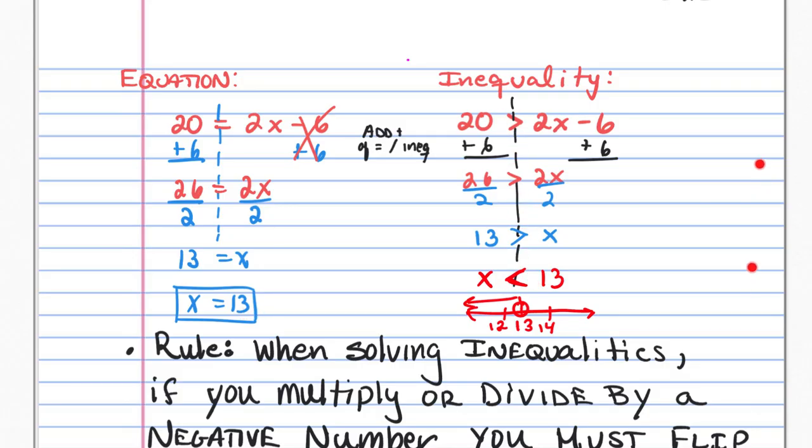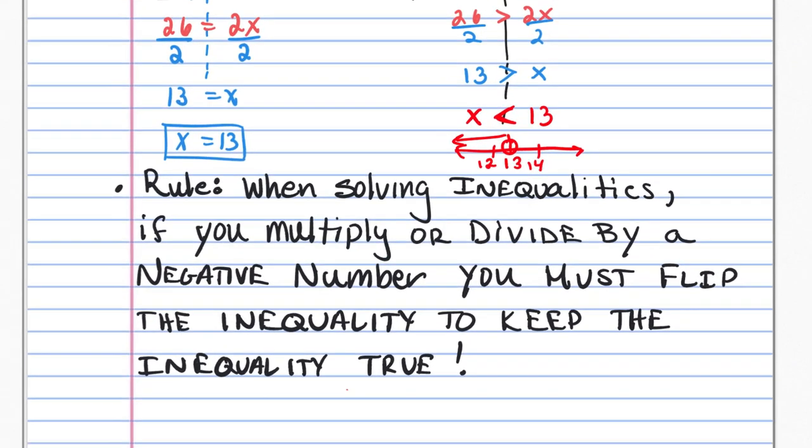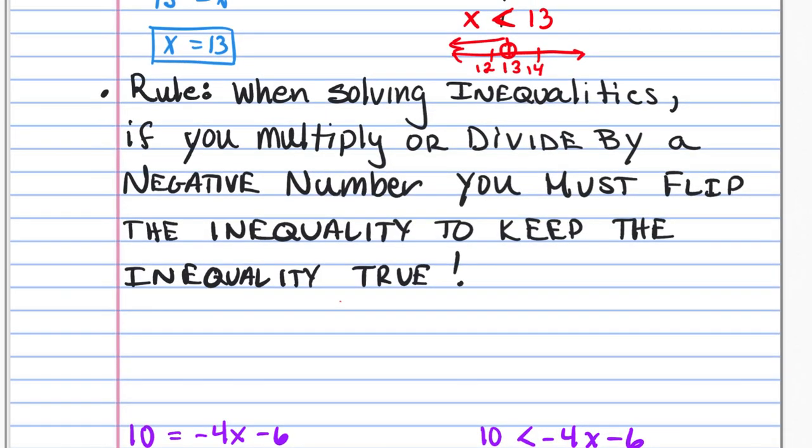Here's the second thing, probably the most important thing you have to remember for today. And it's this statement right here in black. So I'm going to read it to you, and try to highlight stuff as we go.